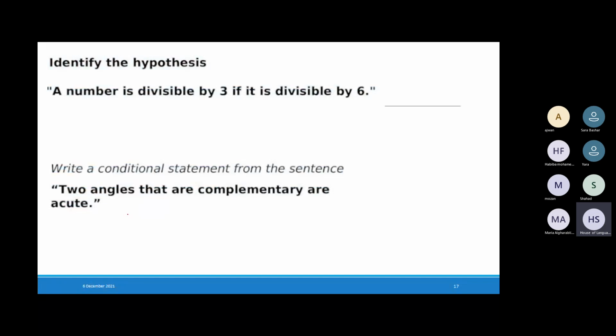Like number 9 can be divided by 3, but number 9 cannot be divided by 6. So I cannot say that if a number is divisible by 3, then it's divisible by 6.